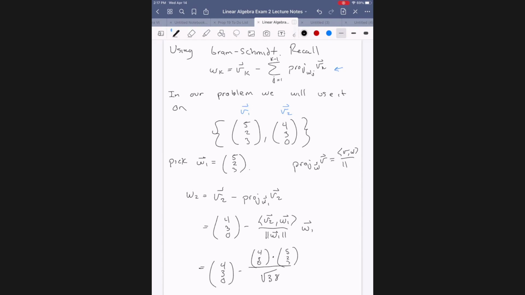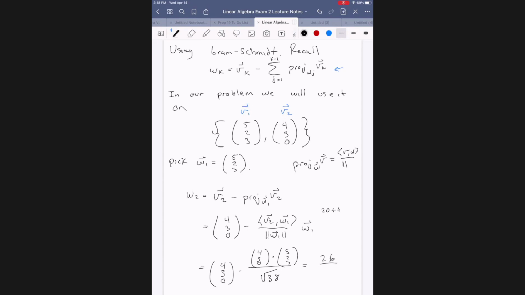And then all of this would equal, well, let's see, 4 times 5 is 20 plus 6 is 26, over the magnitude. How do you calculate it? Well, you take the inner product of W with itself, but since it's in Rn, it's just going to be the square root.